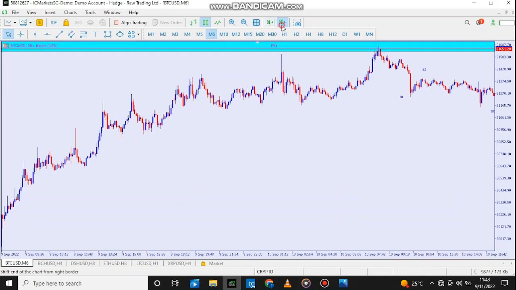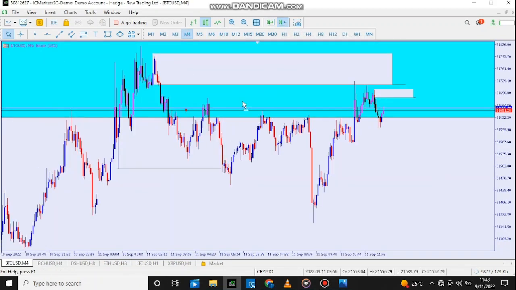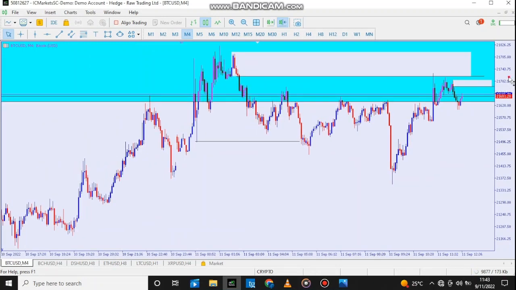If we go to lower time frame, yes, 4 minutes, we see this uptrend, high, and this is a break of structure. High. Actually, this is a break of structure, and this is a structure.